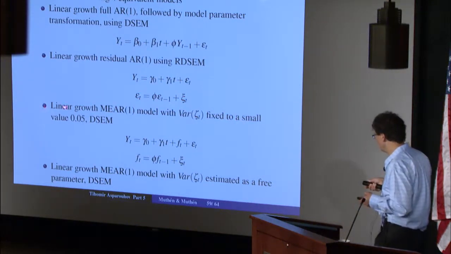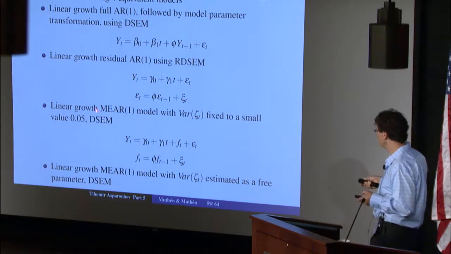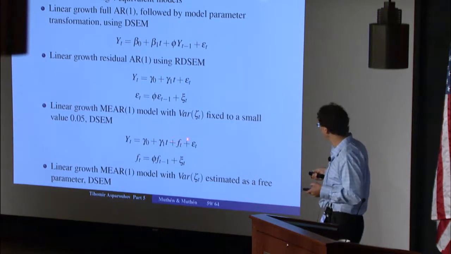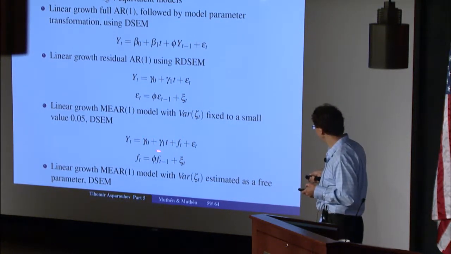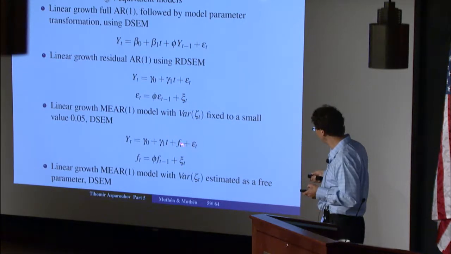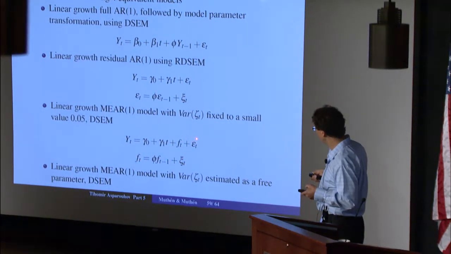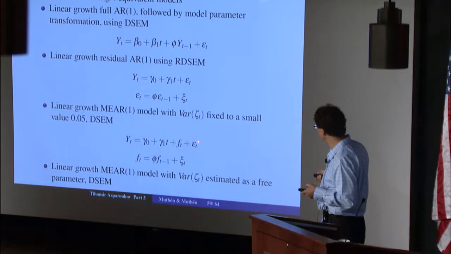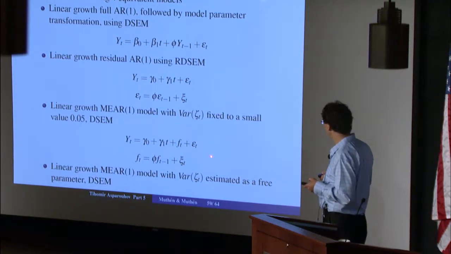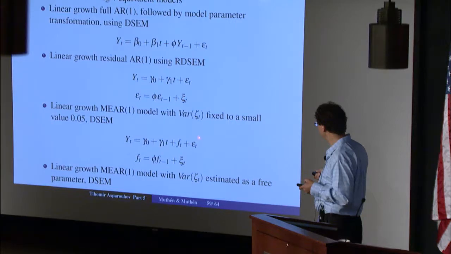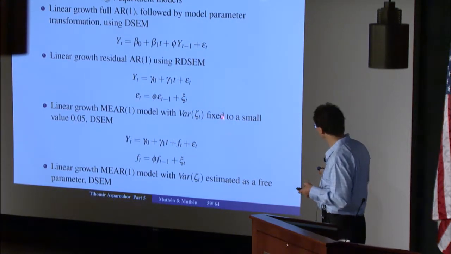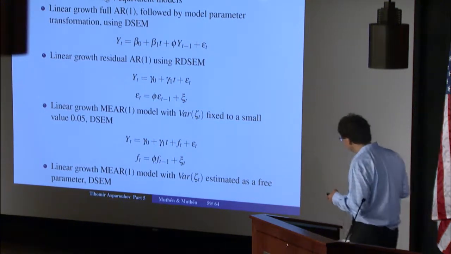And then we're also going to use the MIR1 modeling framework, where we've got the linear trend outside of the autoregressive equation, and we have the autoregressive equation again. To actually make this model equivalent to this, all we need to do is fix, let's see, what do we fix here?